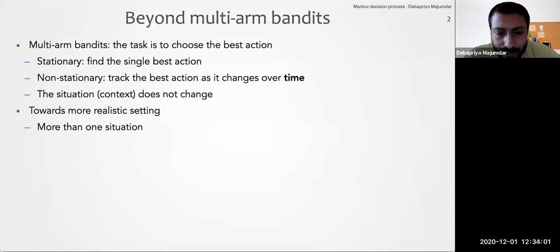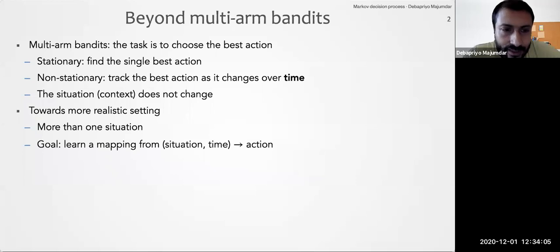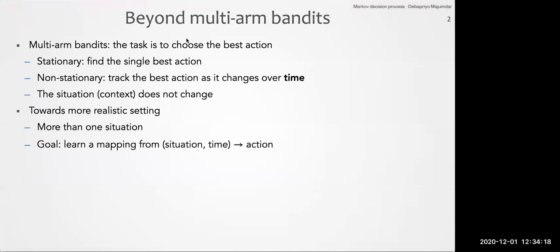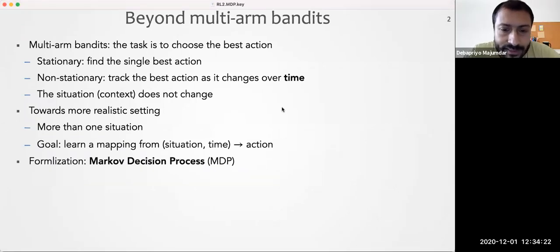So not only the time, but also the situation or the context. Then our goal would be to learn a mapping from situation and time to what should be the action for now.